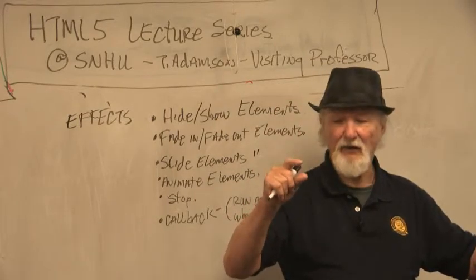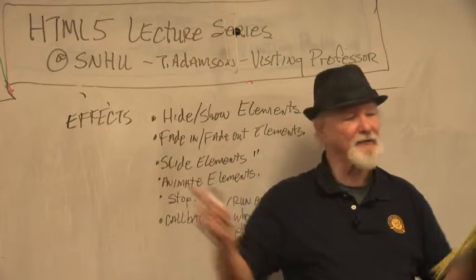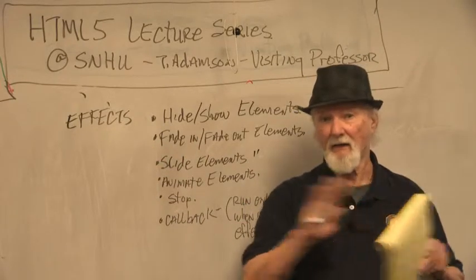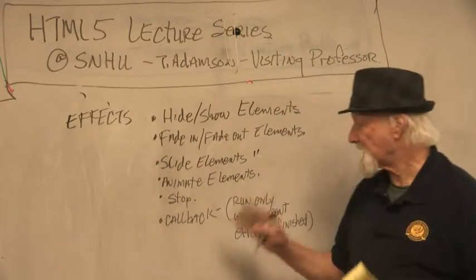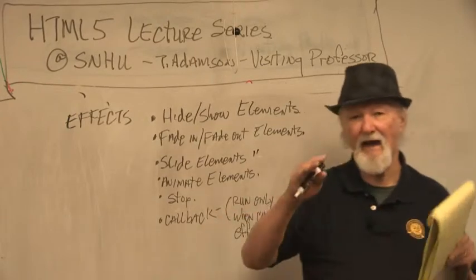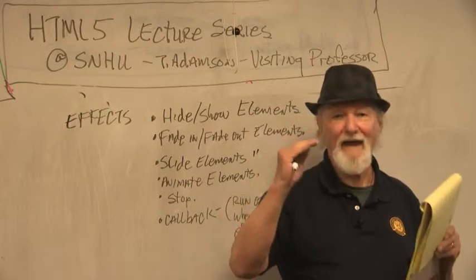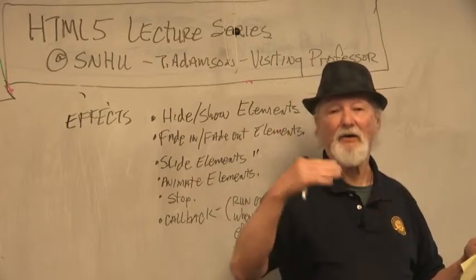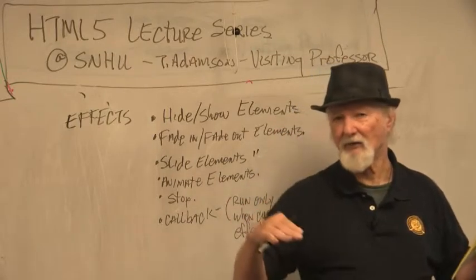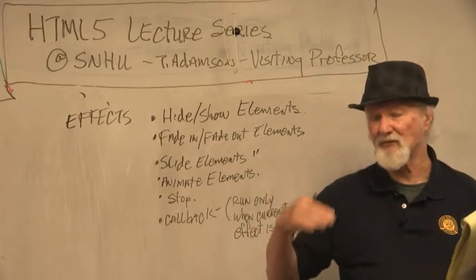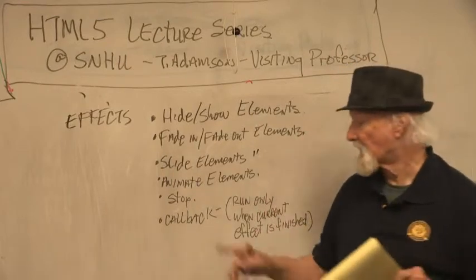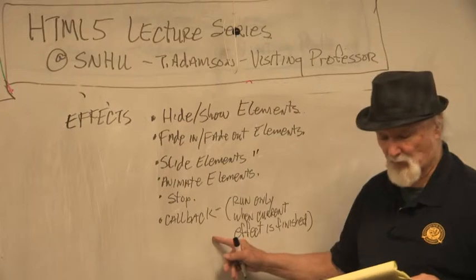If that next line of code starts executing something else that's going to mess up the animation, that's not cool. So what I need to have is, during the animation, a callback function that says when the animation is complete, then go to the next line of JavaScript code and then do that. So that's why a callback is so important.